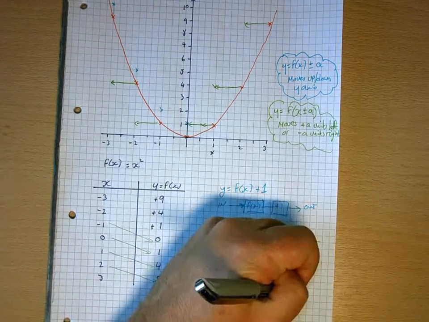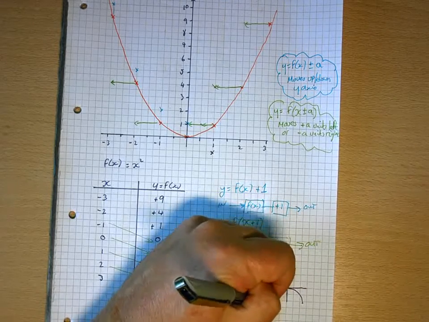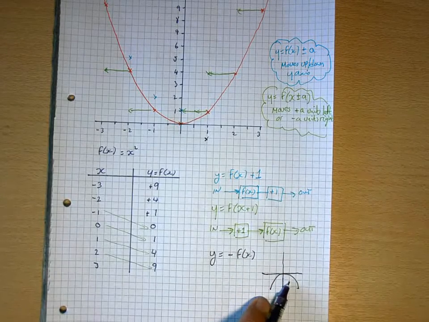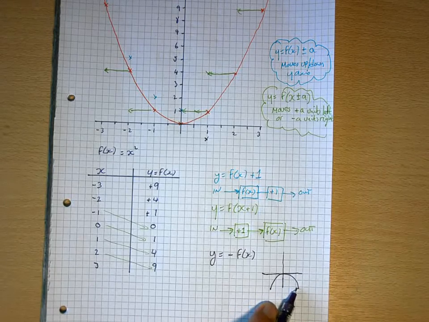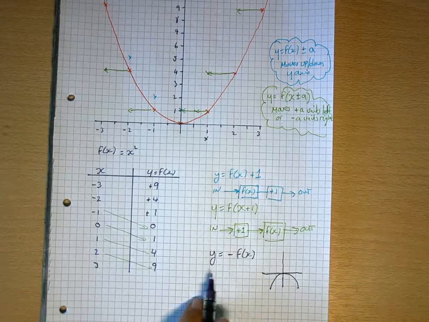But hopefully what you can see is what that's going to do, if I just do a little sketch down here, is it's going to reflect your curve, because the input is 1, the output becomes negative 1. The input is 2, the output becomes negative 4. It's forcing it to the opposite.